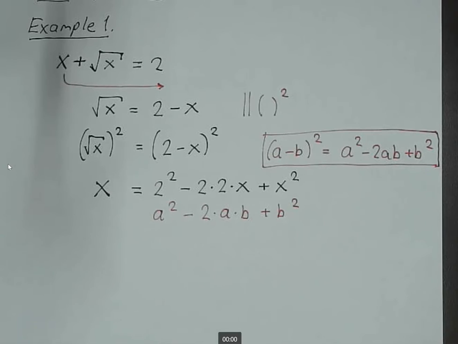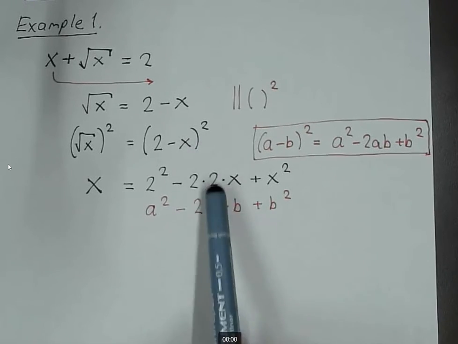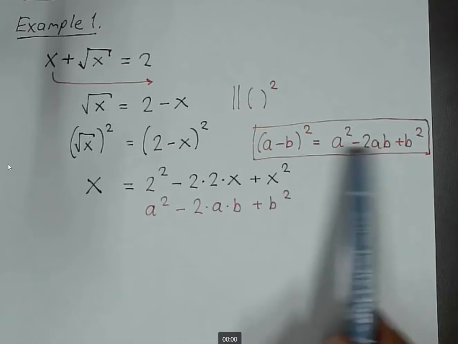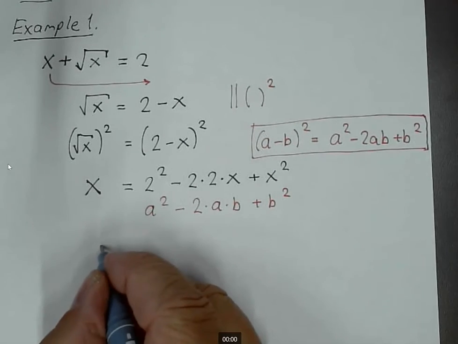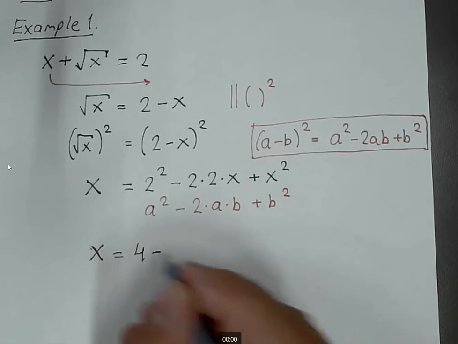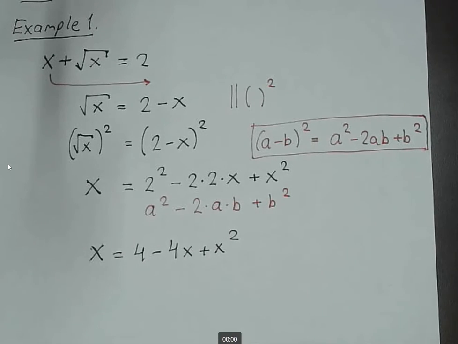Most common error when solving root equations comes in these steps. So in this step you have to be very careful to use that formula correctly. So what do we have? x equals 4 minus 4x plus x squared.